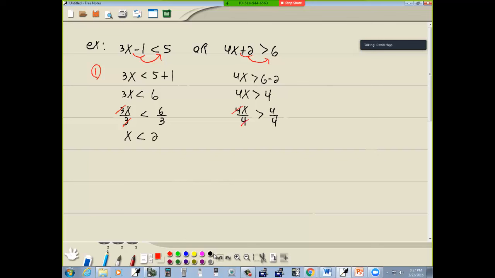So those 4's cancel, and we end up with x is greater than 1. I didn't mean to make up an oddball case here, but this one came out as an oddball case. We'll see why. A lot of times you don't understand the answer you get until you look at the graph.